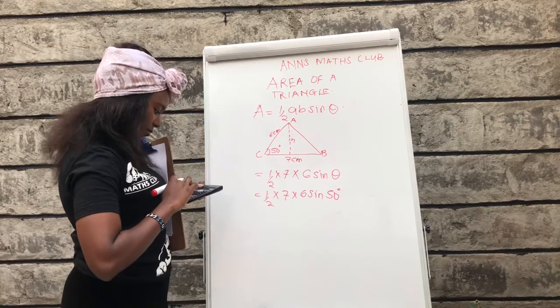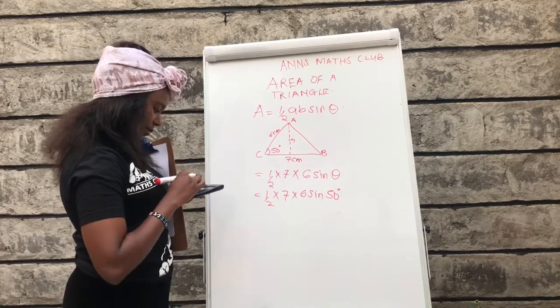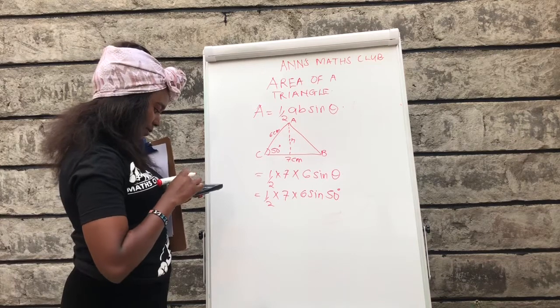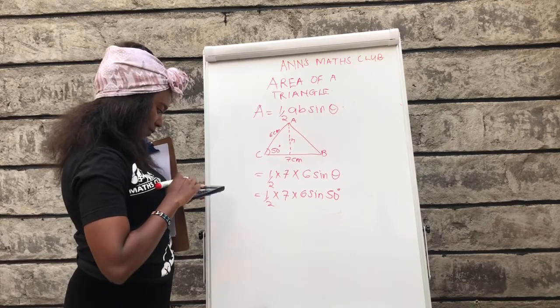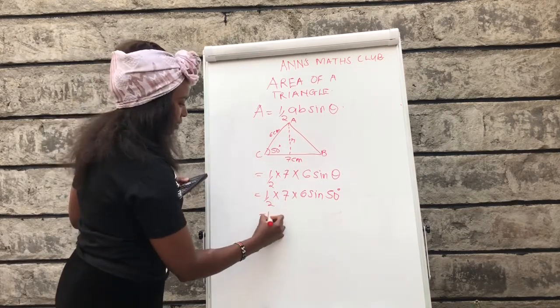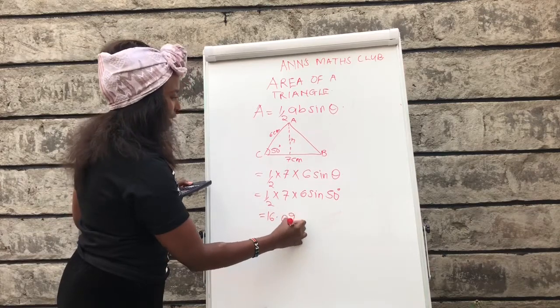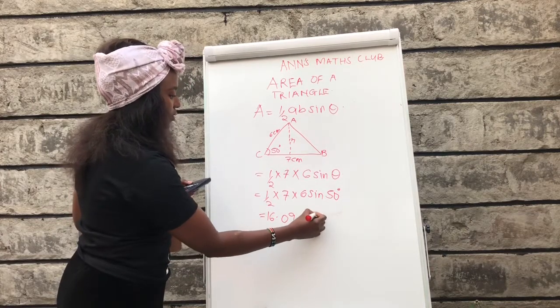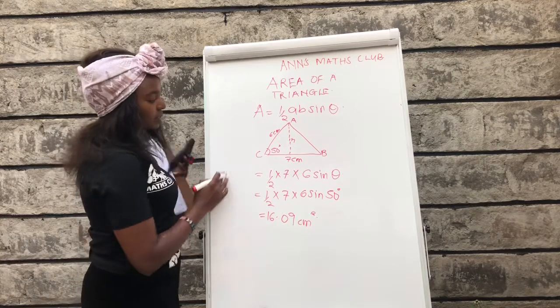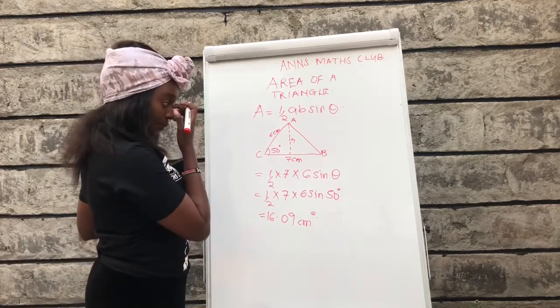Just do sine 50. Your answer becomes 16.09 centimeters squared. So this is basically how it's done.